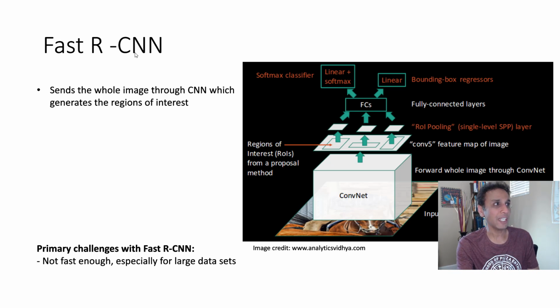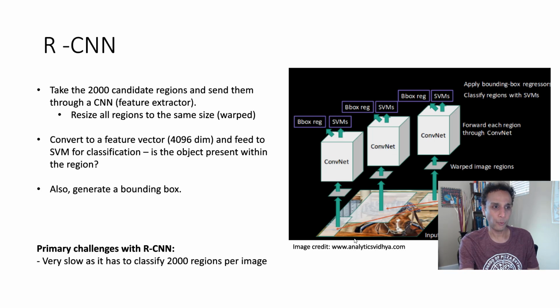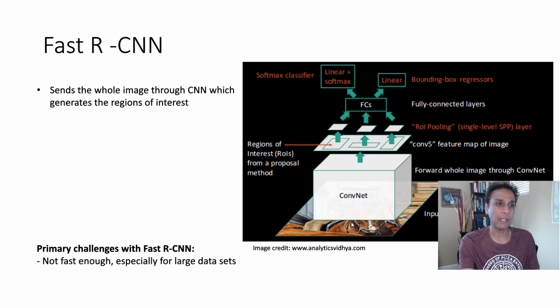So how does fast RCNN make the process a bit faster? It sends the whole image through the CNN. Previously, different regions were identified first, and then they went through the feature extractor. But now the entire image goes through the feature extractor, and then in the feature space, you have a region proposal method. The rest of the process is pretty much the same.